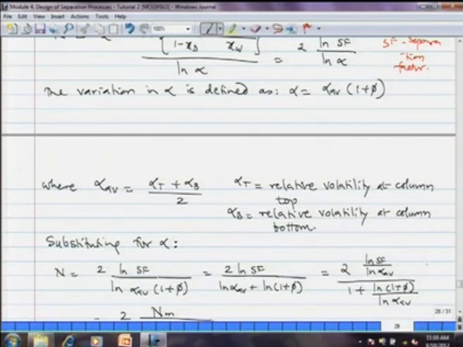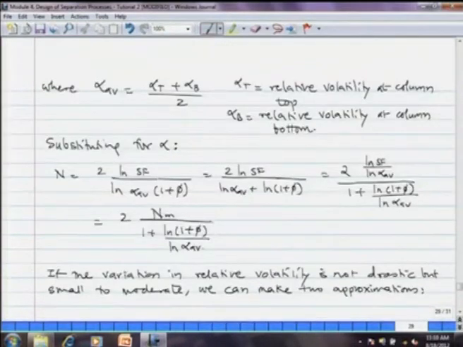Alpha t is the relative volatility at the column top among the topmost plates near the condenser. Alpha b is the relative volatility at the bottom of the column near the reboiler, and we substitute for alpha the expression that we just defined, alpha is equal to alpha av into 1 plus phi.